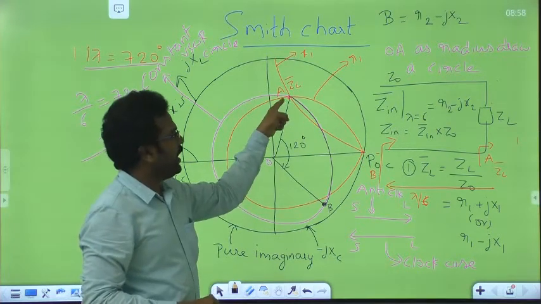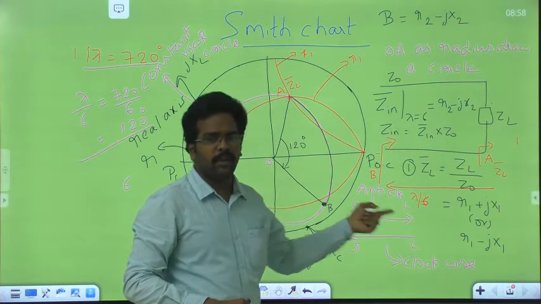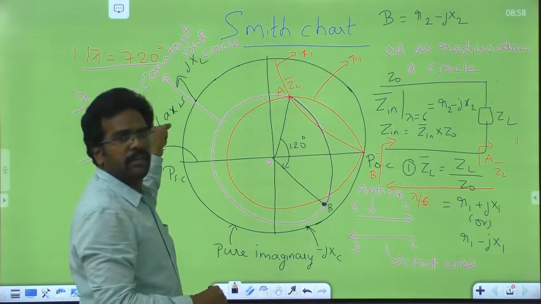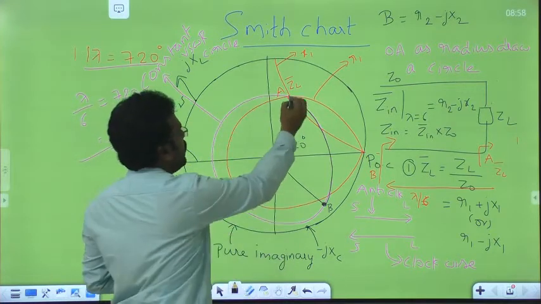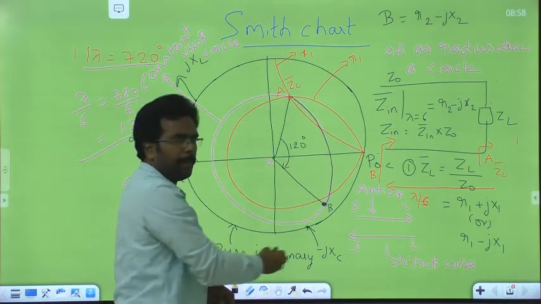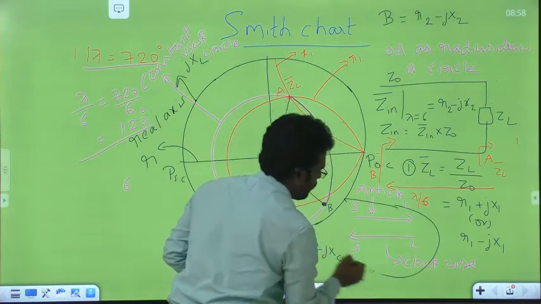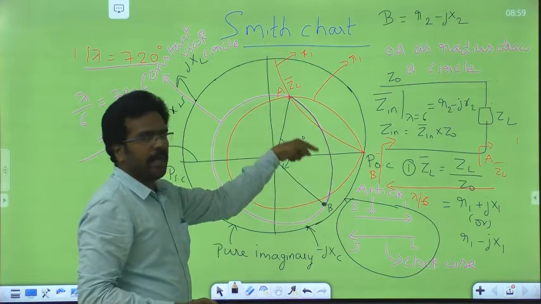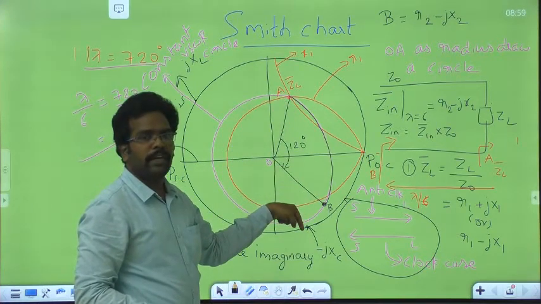From point A, travel a distance of lambda by 6. How to find lambda by 6? 1 lambda means 720 degrees, so lambda by 6 gives 120 degrees. From point A, move in the clockwise direction on this constant VSWR circle by a distance of 120 degrees.